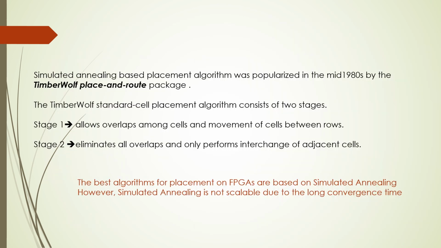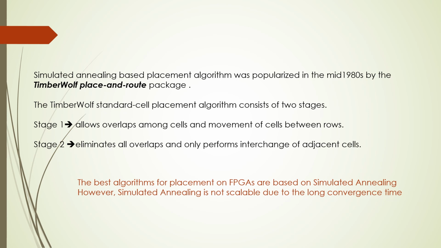This simulated annealing based placement algorithm was popularly used in the mid 1980s. It was used by the TimberWolf placement and routing package. It has a placement algorithm of two parts, stage 1 and stage 2. Stage 1 allows overlaps among cells and movement of cells between rows.